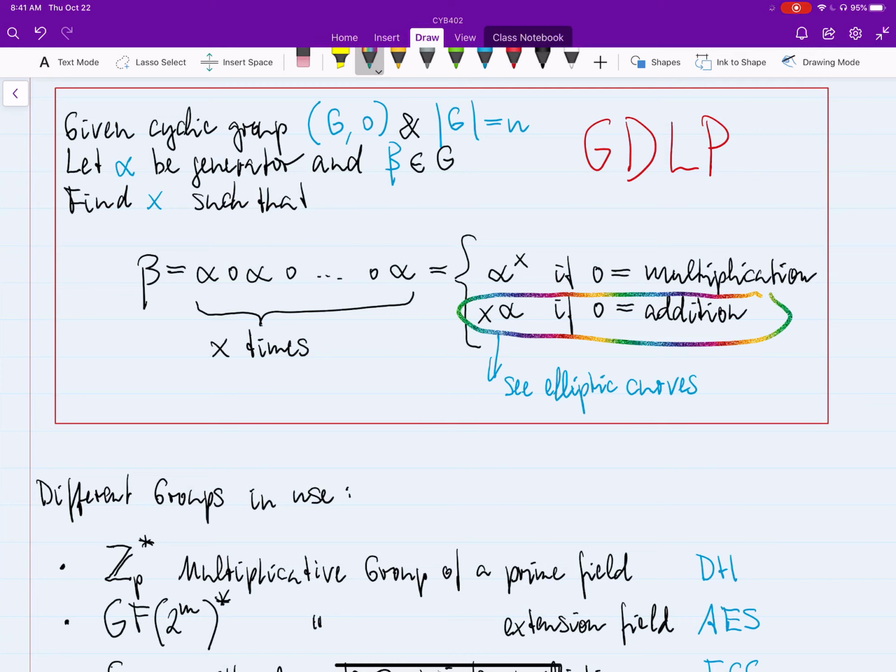This is not necessarily the plus that we are familiar with. So some sort of addition, and we can define addition to be whatever we like. In such a scenario, we would say that beta is generated by alpha times x. And this is exactly the case for elliptic curve cryptosystems, which we are going to cover in the last two lectures.